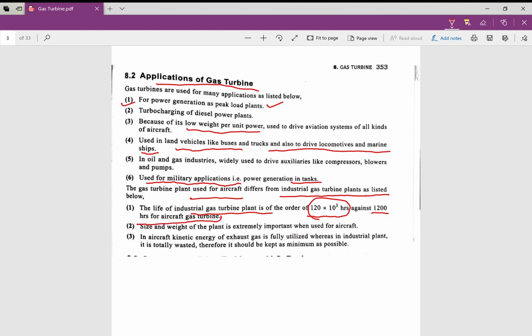So the power plant gas turbine has more life compared to aircraft. Other things are okay here.